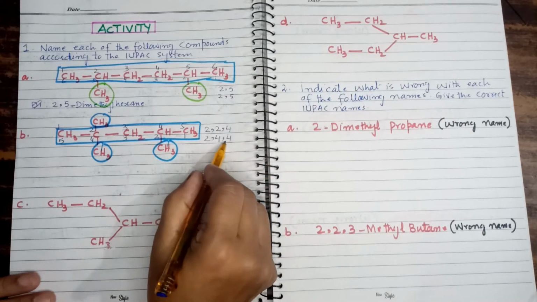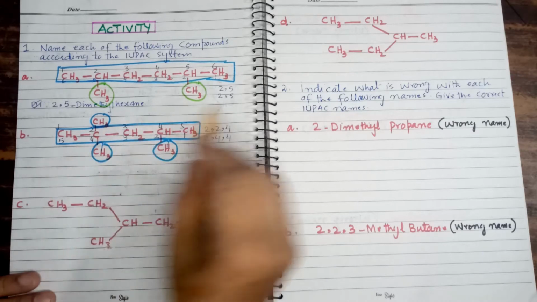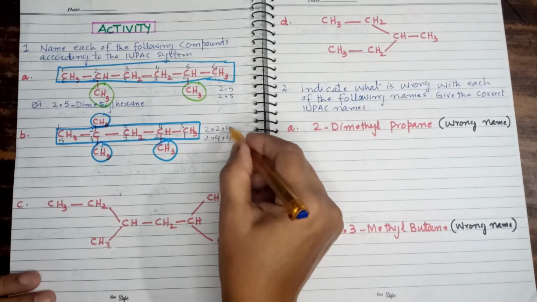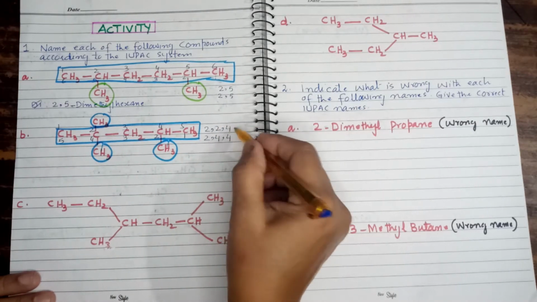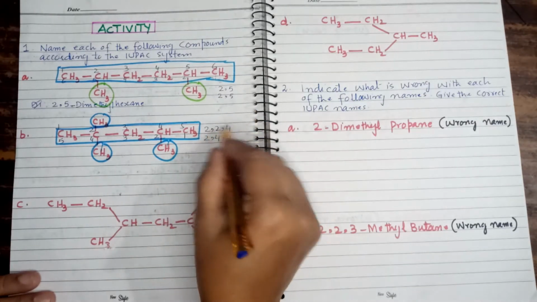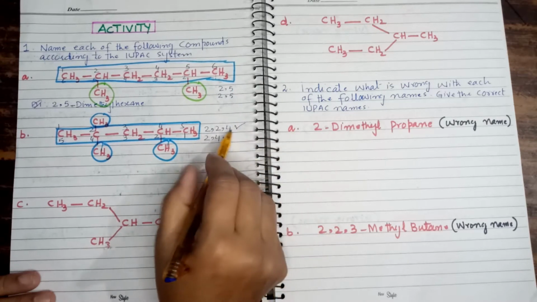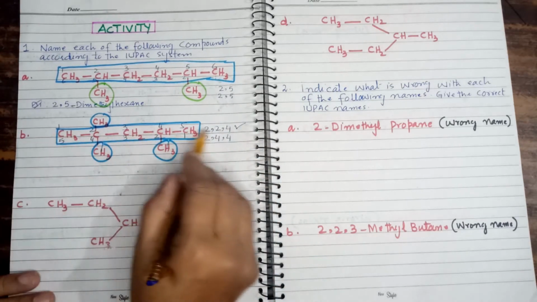So these are the positions of methyl radicals if we do the numbering from right hand side. Now dear students, compare these numberings. Which are the lower numbers? Yes, of course, these are the lower numbers, 2, 2, 4. So we would prefer to do the numbering from left hand side, right?